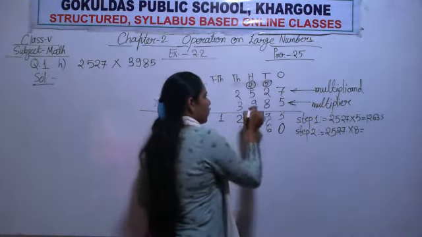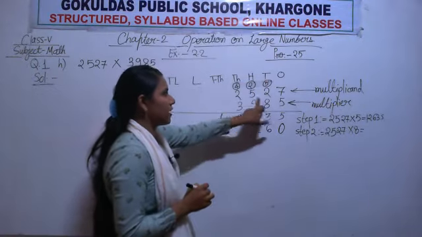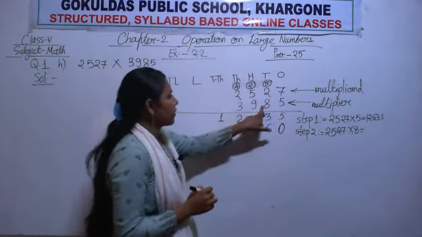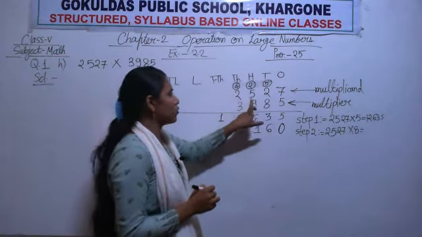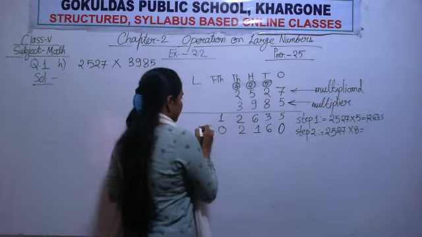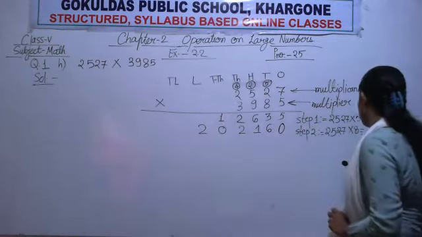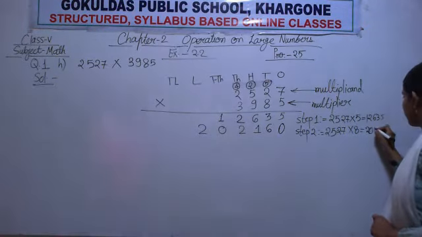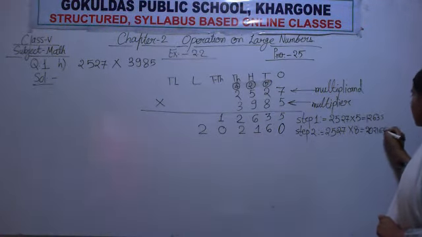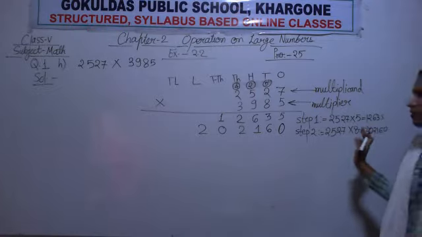So you will write 2 over here, 4 is carried forward. Now multiply this 8 with the 2. 8 twos are 16. 16 plus 4 is 20. Okay. We have done our step 2. In step 2, we got the answer 2,02,160, right?